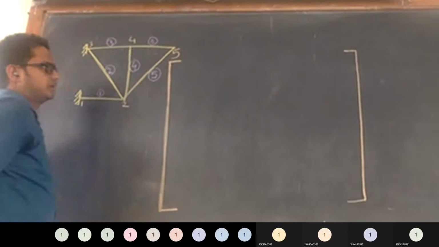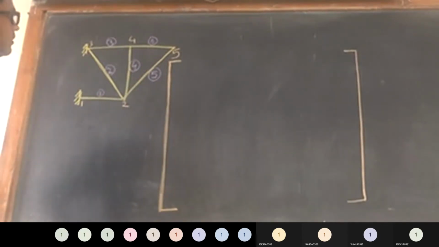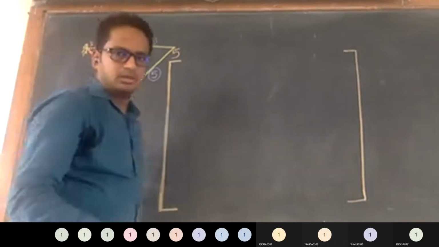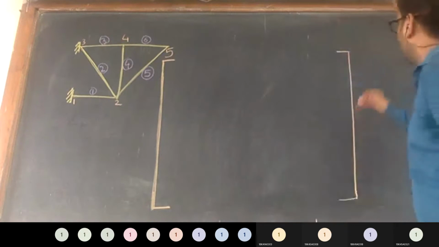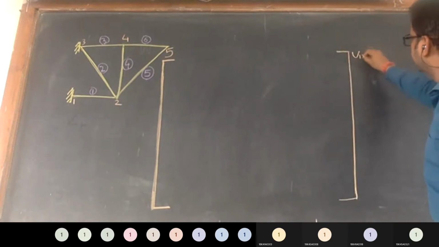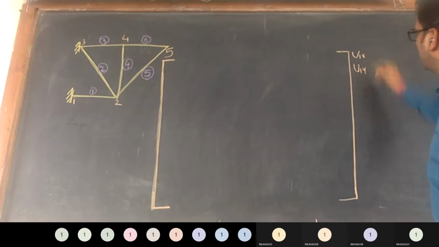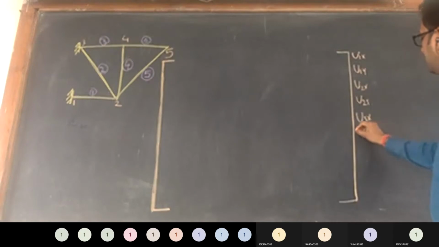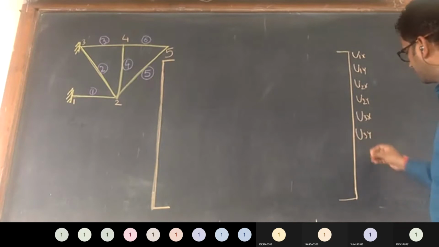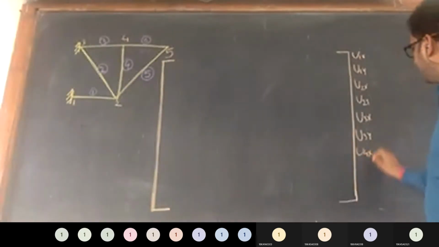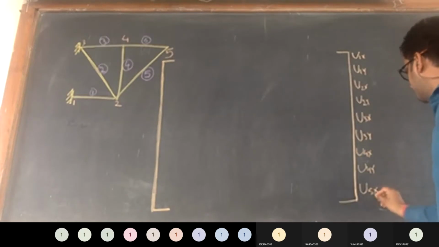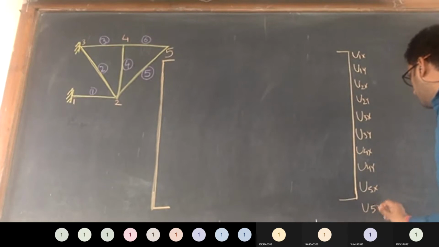Now you can write here your numbers, what we have written over there, that is U1x, U1y, U2x, U2y, U3x, U3y, U4x, U4y, U5x, and U5y.